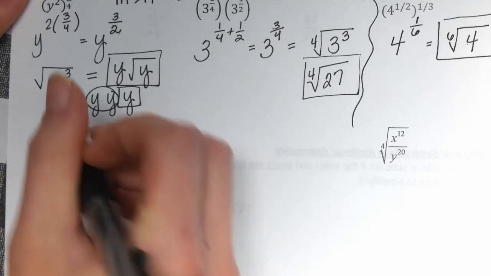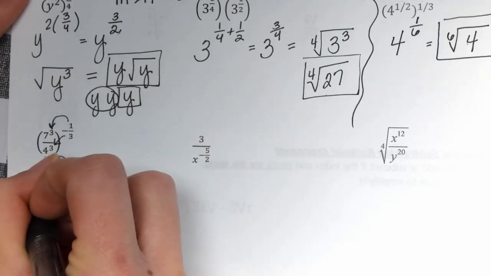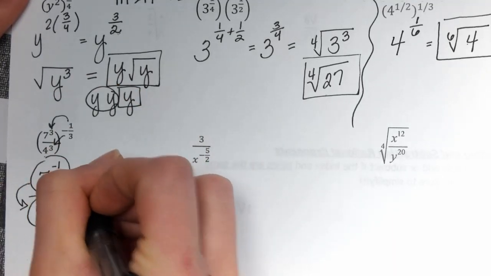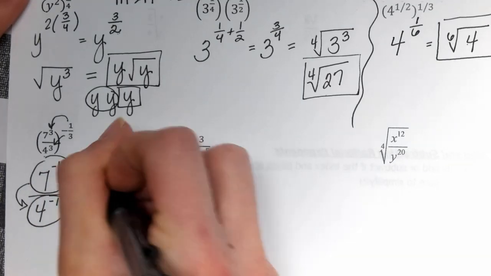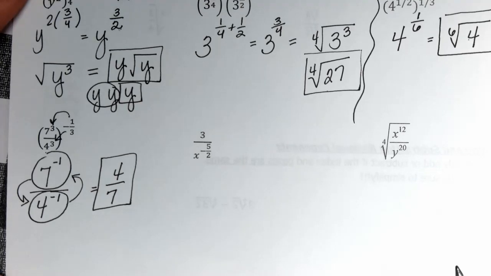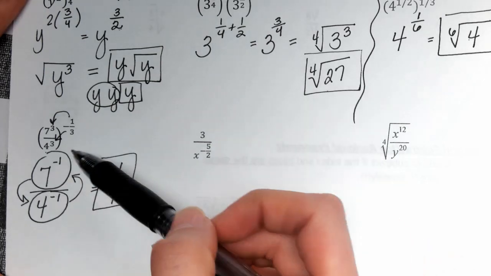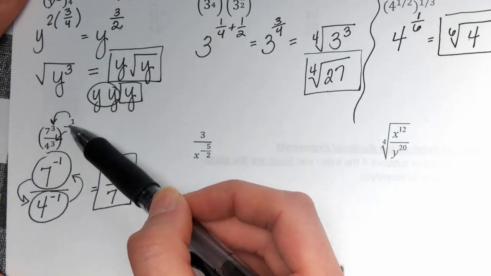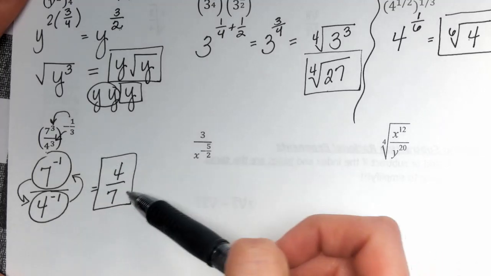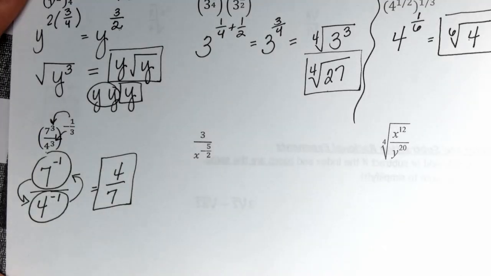Because they are both negative, that 7 comes down, that 4 comes up, and my answer becomes 4 over 7. That's a whole lot easier than doing 7 cubed over 4 cubed, or whatever those numbers are, and then taking the cube root, and then flipping, all of that, okay? So when you have something like this, even though these are numbers as bases, I'm going to still use my properties and evaluate at the end, okay?